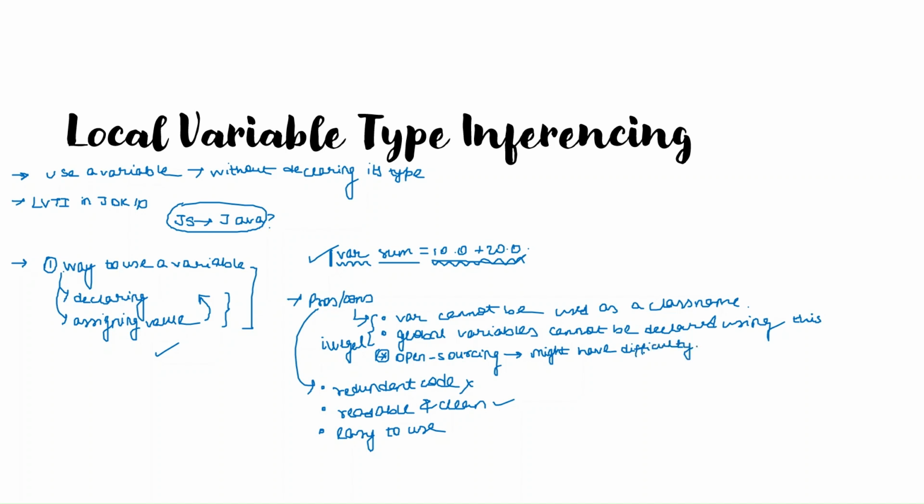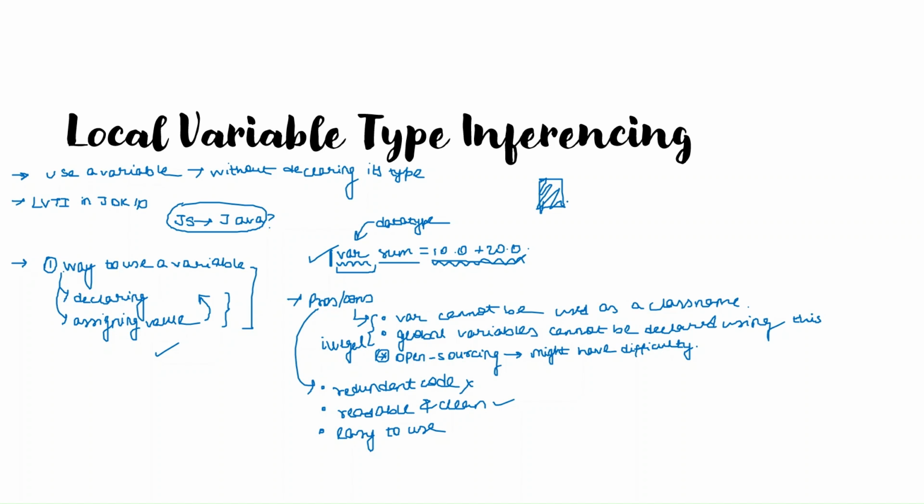Now, why is it so? Because when you compile your program, the Java compiler removes this var context-specific identifier from this place and actually replaces it with the original data type that should have been here. But this process is opaque, it cannot be seen.